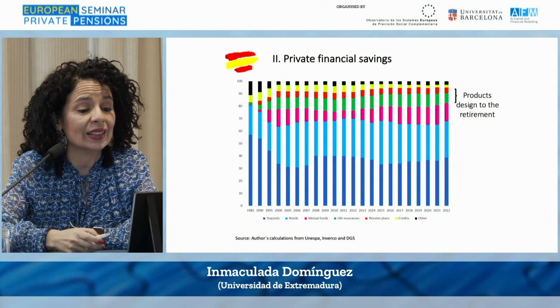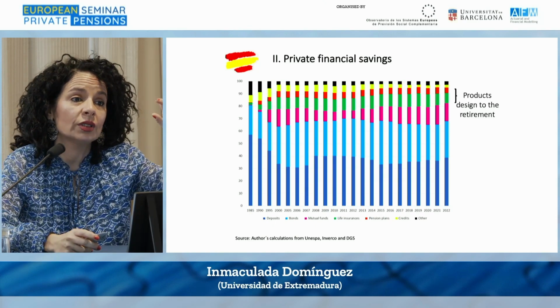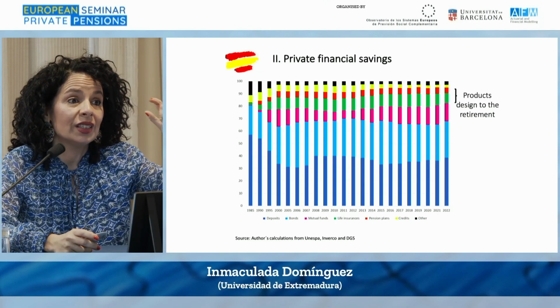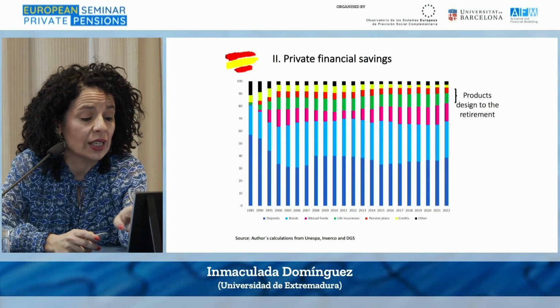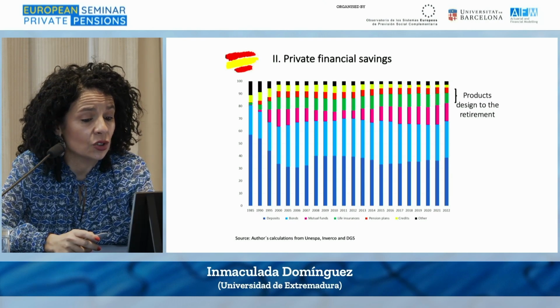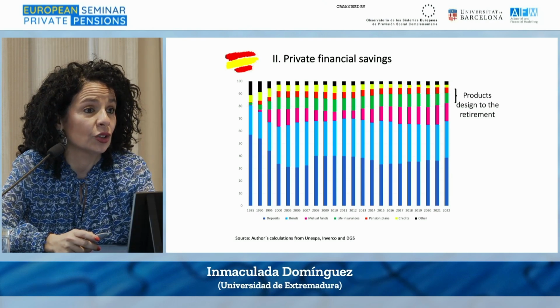And you can see that it is a small amount that the people save in products directly for the pension. You see in green the life insurance and in orange the pension plan.